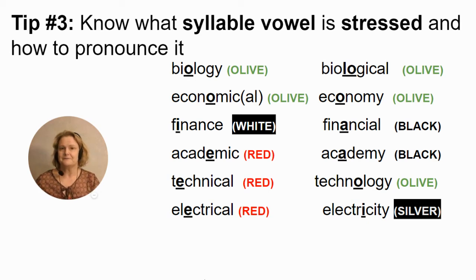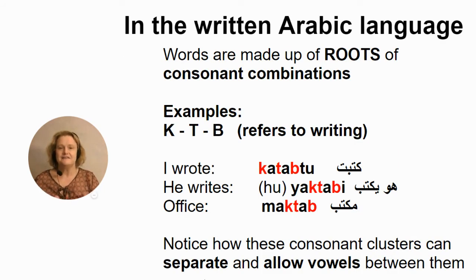Now, I have nothing to teach you about Arabic, but just like the 3 root consonants in Arabic determine the general meaning of a word, and then you stick in vowels in different places. And sometimes you separate these consonants and sometimes you keep them together.